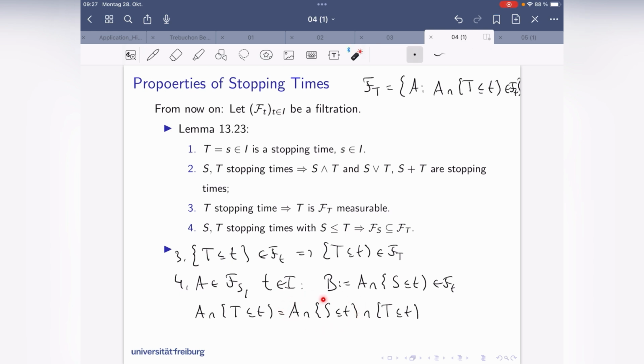This here is in Ft. This here is also in Ft because big T is a stopping time. The intersection of two events is then, of course, also in Ft, and then we are done because that's the defining property of A being in F capital T.